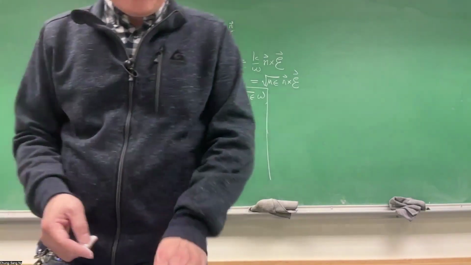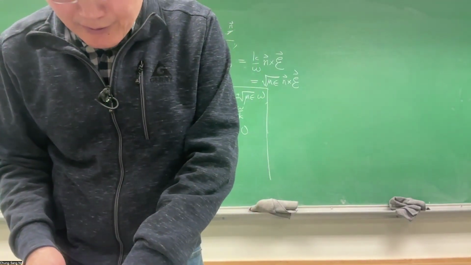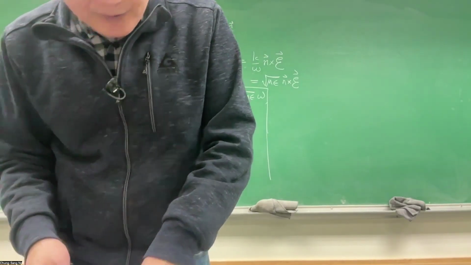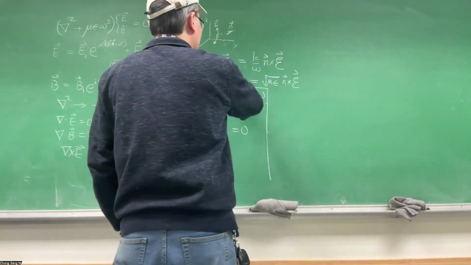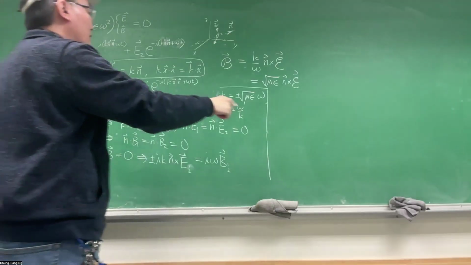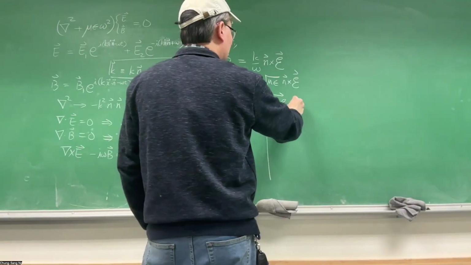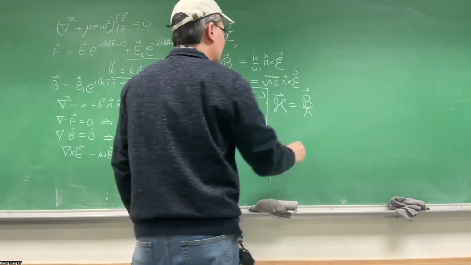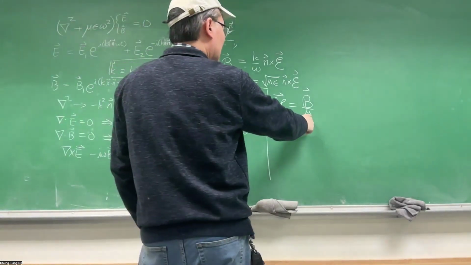And sometimes in the next equation, Jackson actually uses this notation: instead of calling the solution B, you can work out the solution for H also. H should be B over mu, where the permeability of the medium is mu.